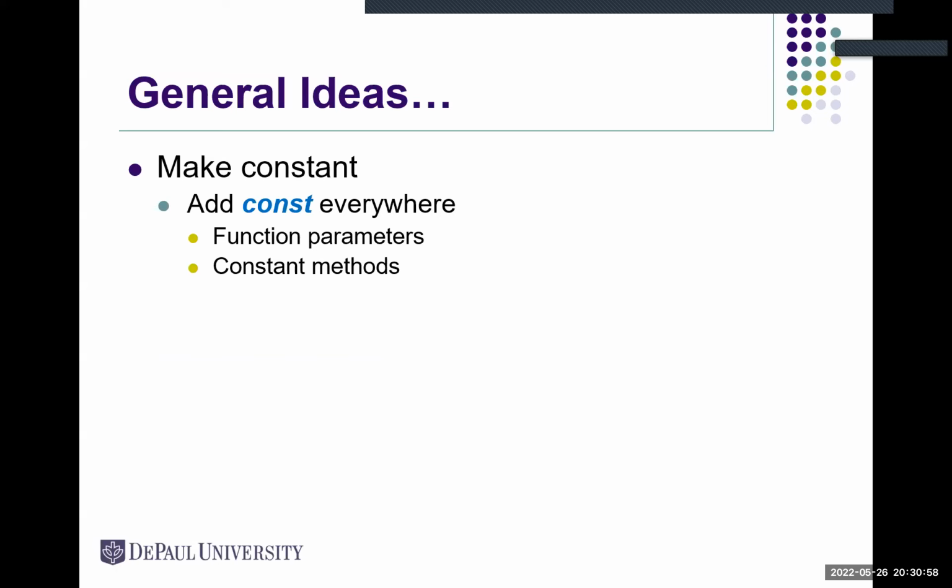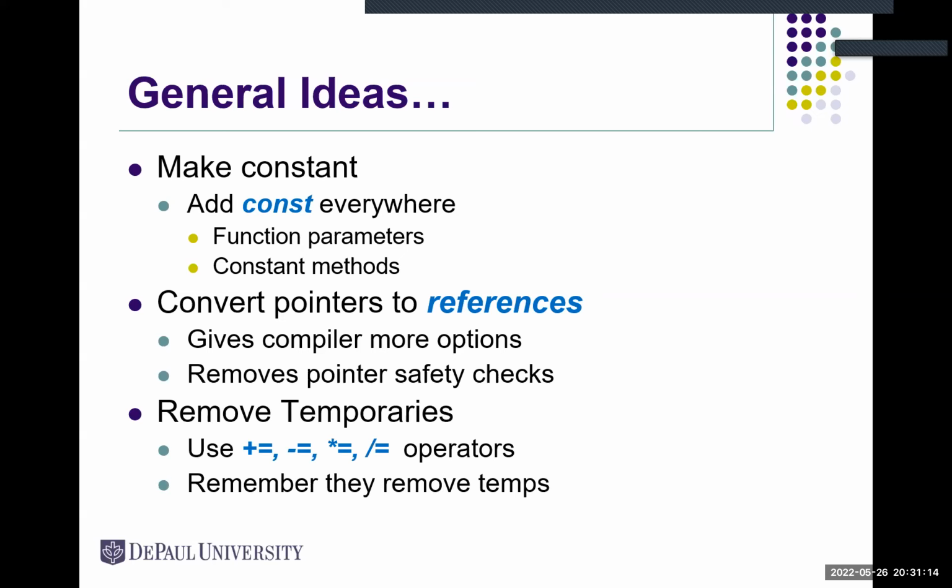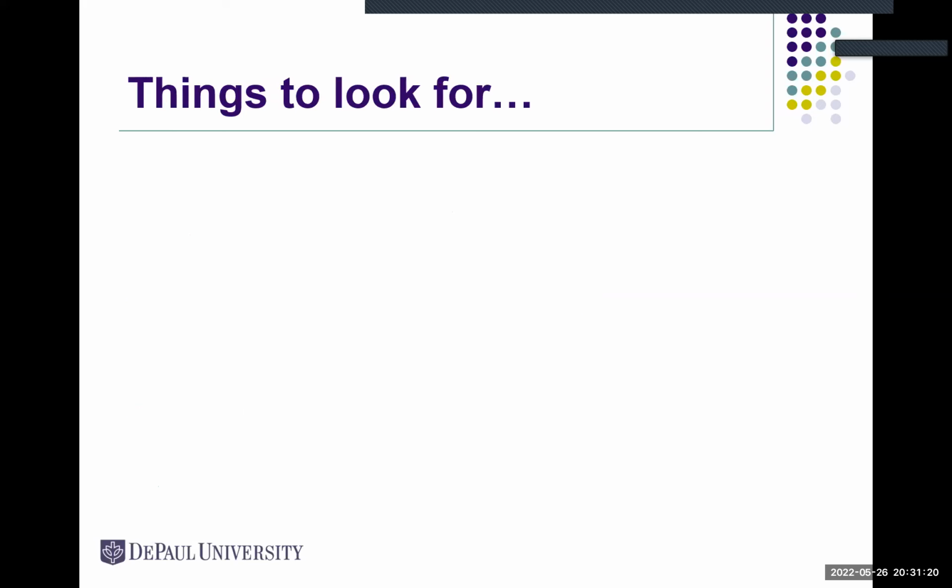All right, so some tricks here. Add const everywhere. You can't try to add const until you can't, right? Because const just gives a hint and it goes faster. Whenever you're using a pointer, see if you can get away with a reference. References run faster and they're safer and you don't have to worry about it being broken. Remove temporaries, do that plus equals, so you don't create a temporary then add.